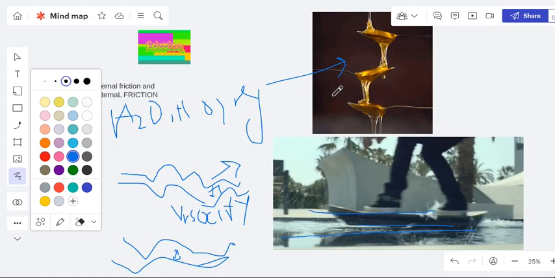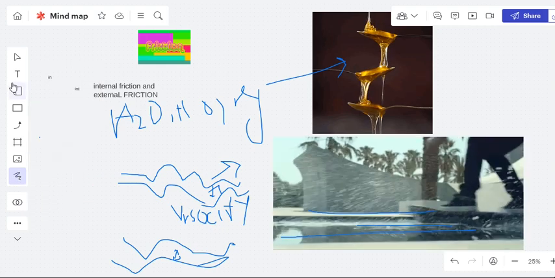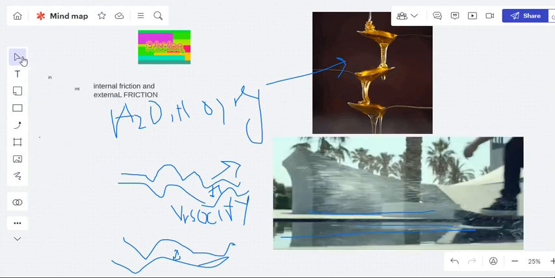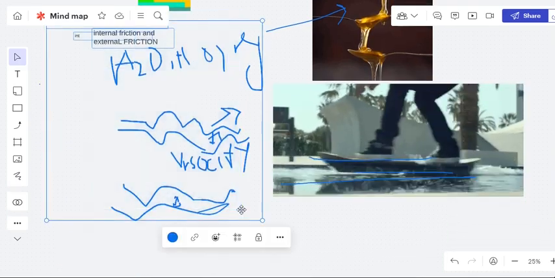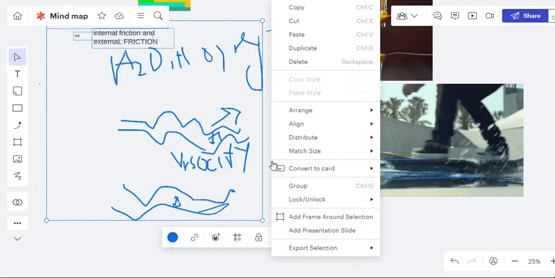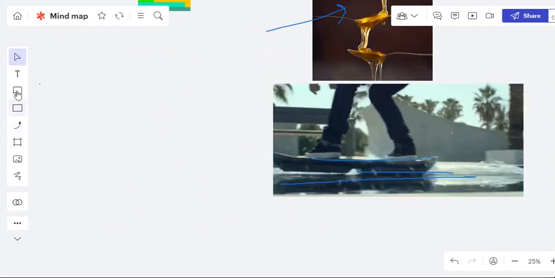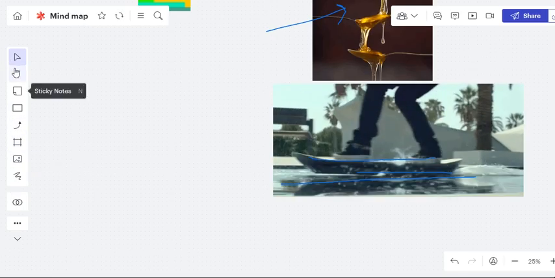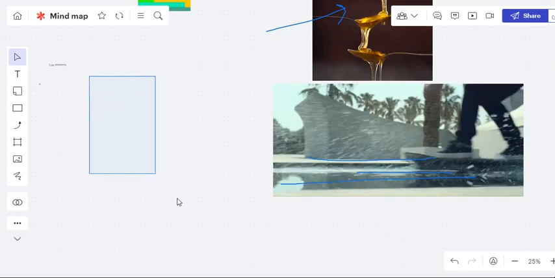Now there are basically three types of external friction. In external friction, we have three types. So let me move it and let's discuss that. Three types of external frictions.